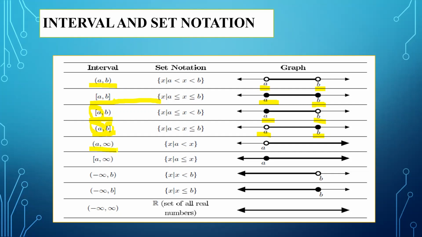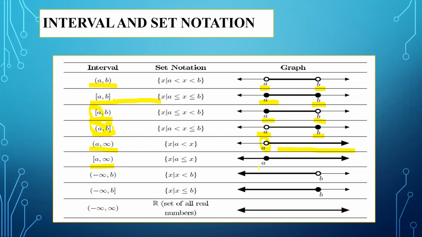The next is the open interval a to positive infinity. All numbers from a to positive infinity, but excluding a. So it is only bounded by a, from a to positive infinity, but excluding a. The next, we have the closed interval a to positive infinity.